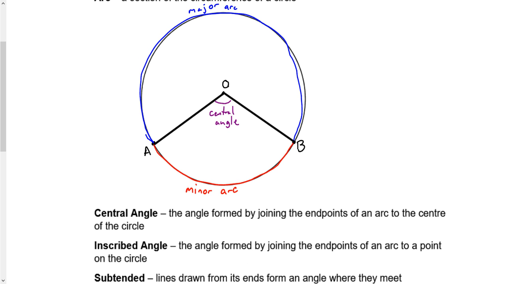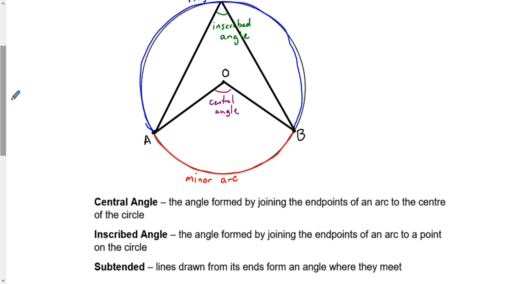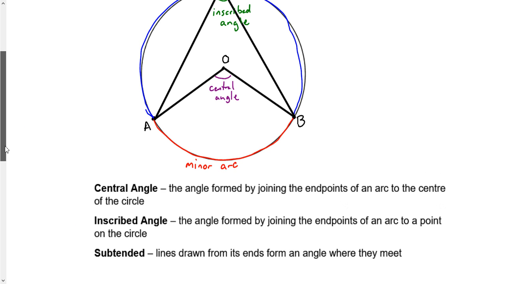An inscribed angle does almost the same kind of thing. It joins it anywhere else on the circle. So this angle right here is known as an inscribed angle. And the last definition here: subtended means lines drawn from the ends. Lines drawn from its ends form an angle where they meet.